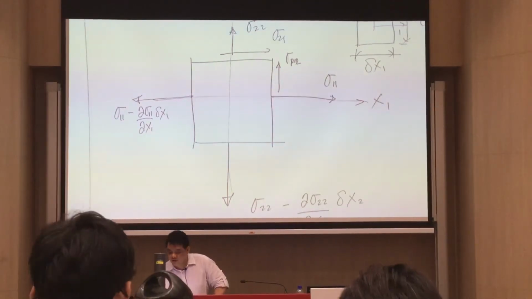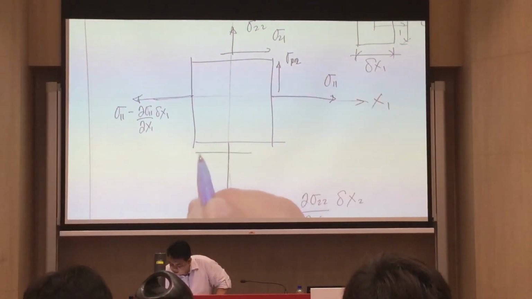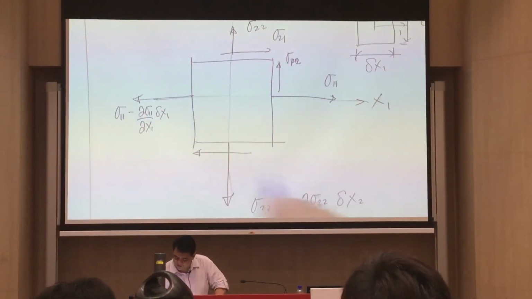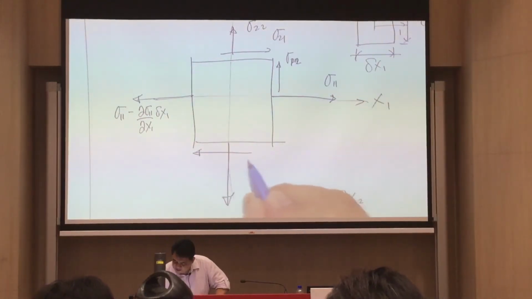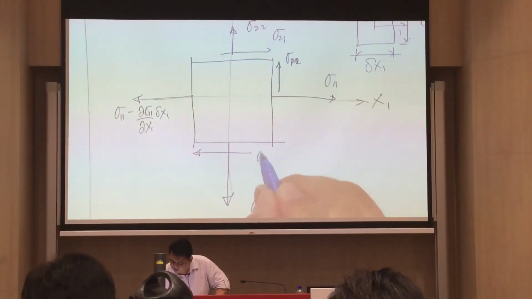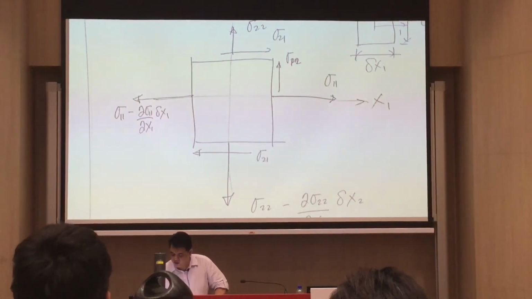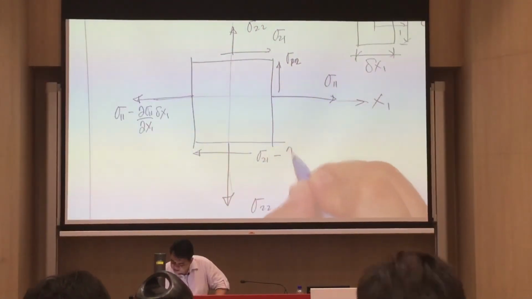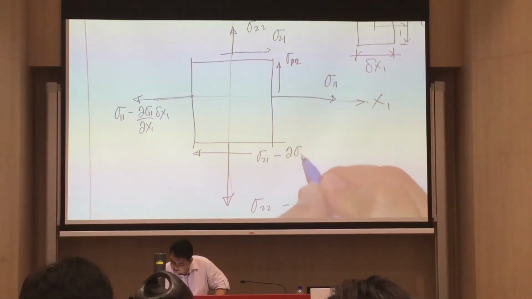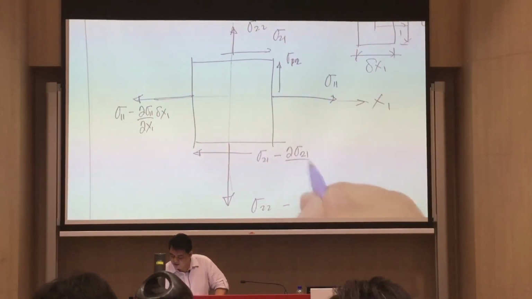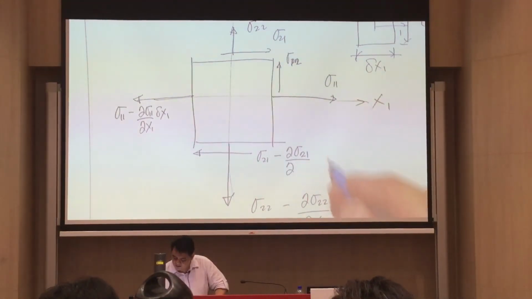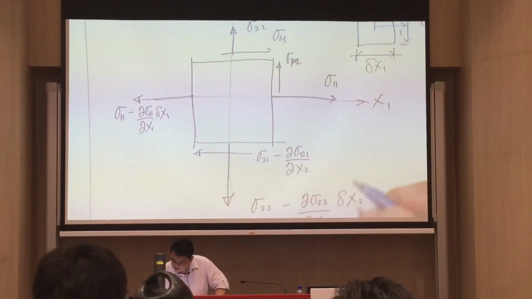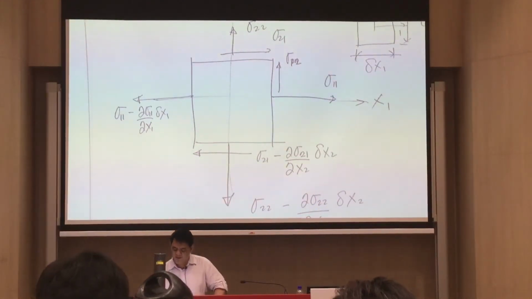And of course, looking at this stress here, that will be sigma 2,1 minus the partial derivative of sigma 2,1 with respect to x2, delta x2.